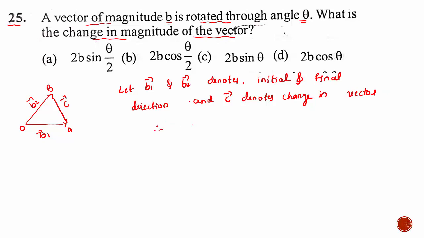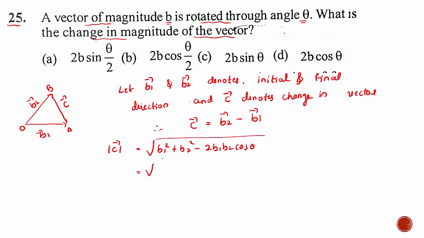So we can write vector c equal to final minus initial, so b2 minus b1. Now we can write mod of c equal to the magnitude, which is square root of b1 square plus b2 square minus 2 b1 b2 cos theta.